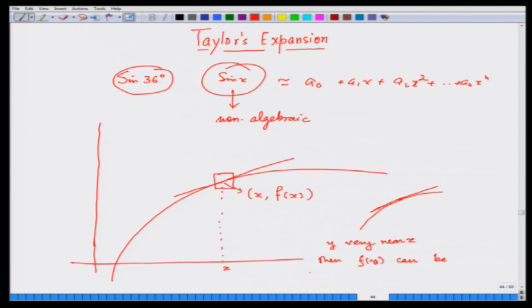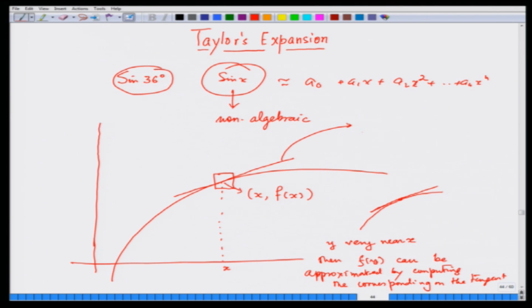So, it can be approximated by computing the corresponding point on the tangent. If you look at the equation of the tangent, so if there is a tangent and it has a slope, say m, it does not matter, which is f dash x.